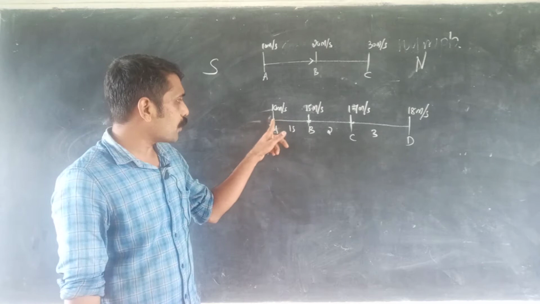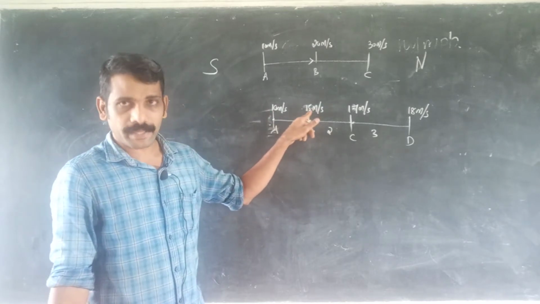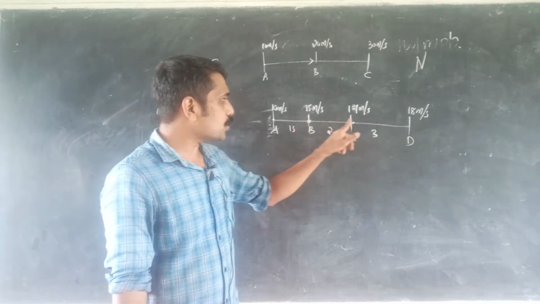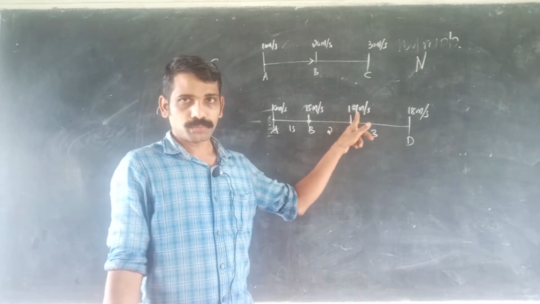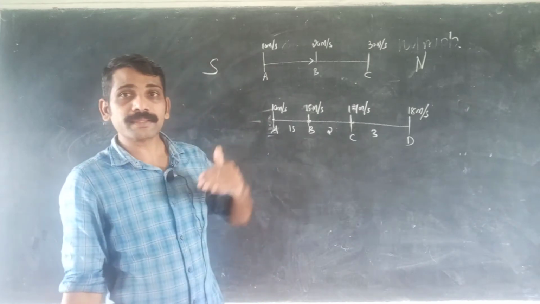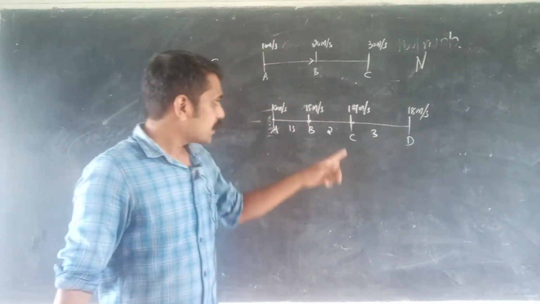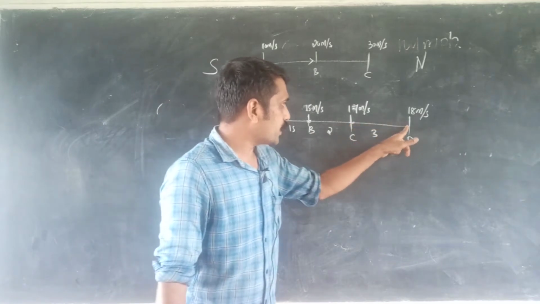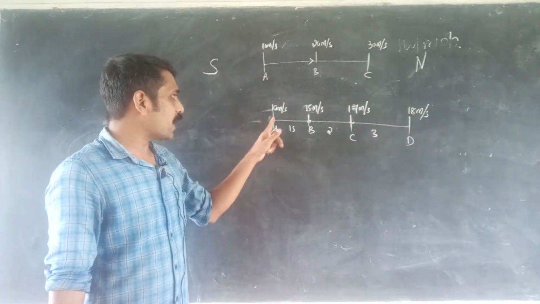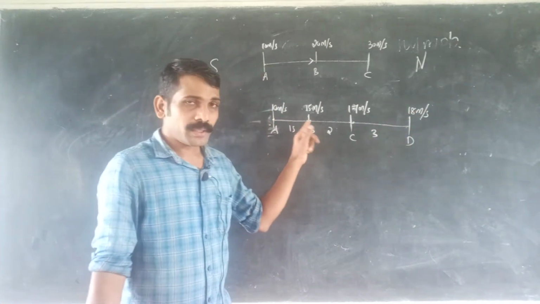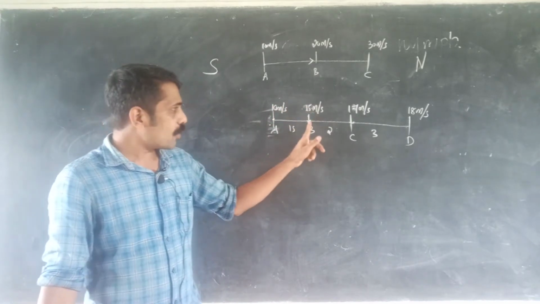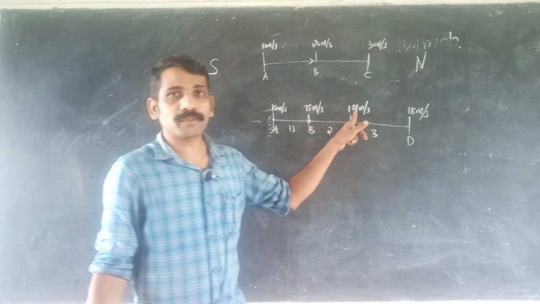When the object moves from A to B, its velocity changes by 5 in 1 second, and when the object moves from B to C, velocity changes by 2.